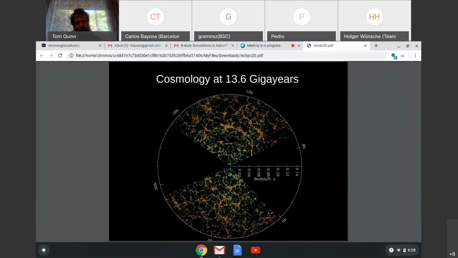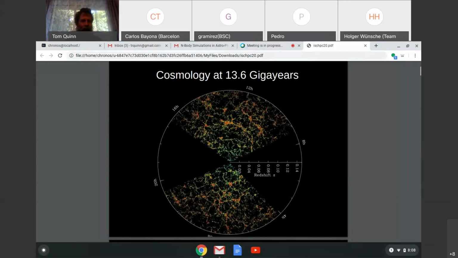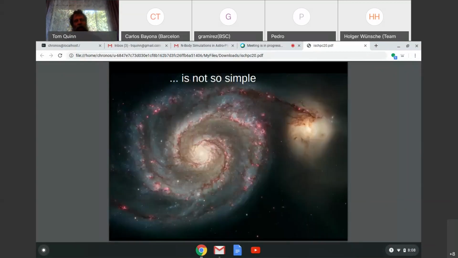But the thing here is that while on this map everything looks like a point, it's a lot more complicated. Each of those little points kind of looks like this, and so this is a galaxy like our Milky Way. It's a disk spiral galaxy, so there's a distribution of stars and gas, all interacting gravitationally.